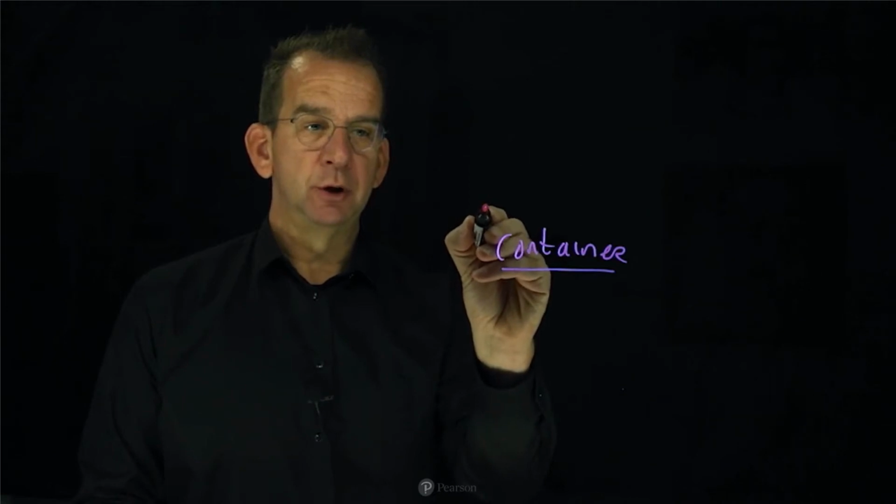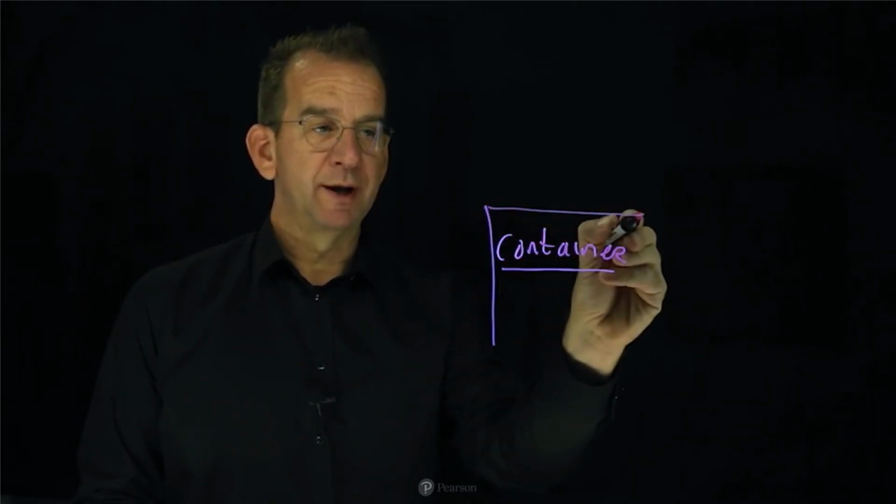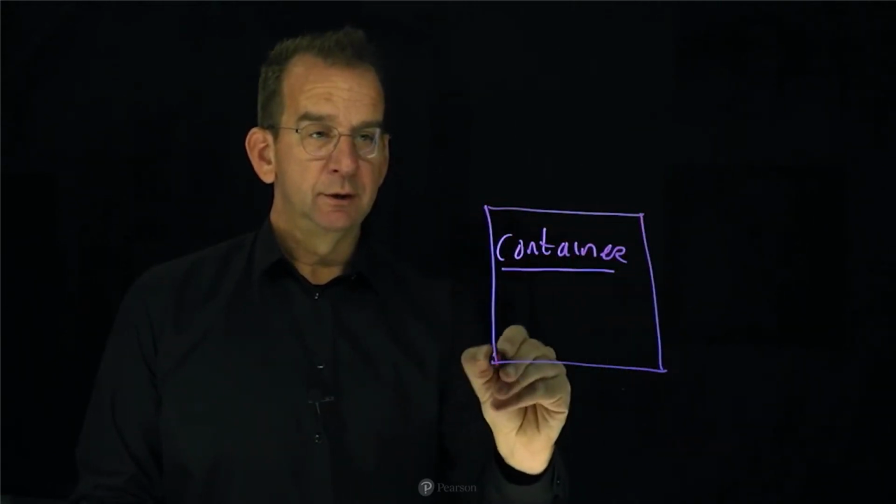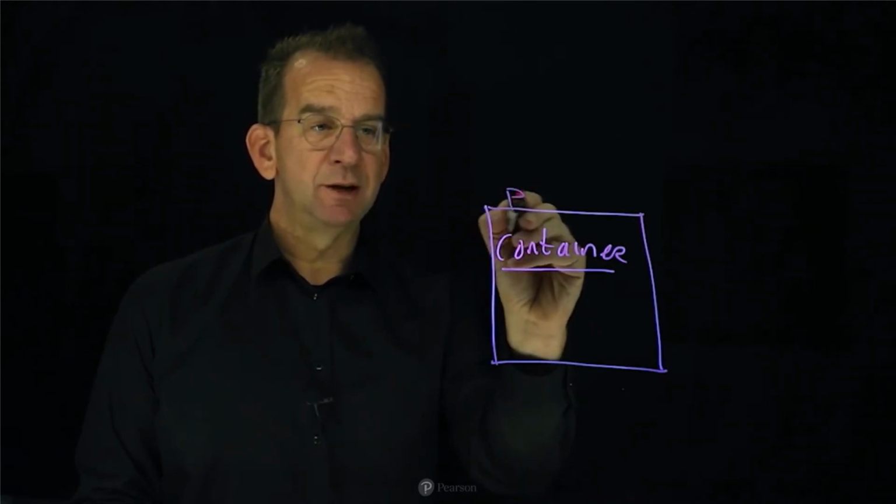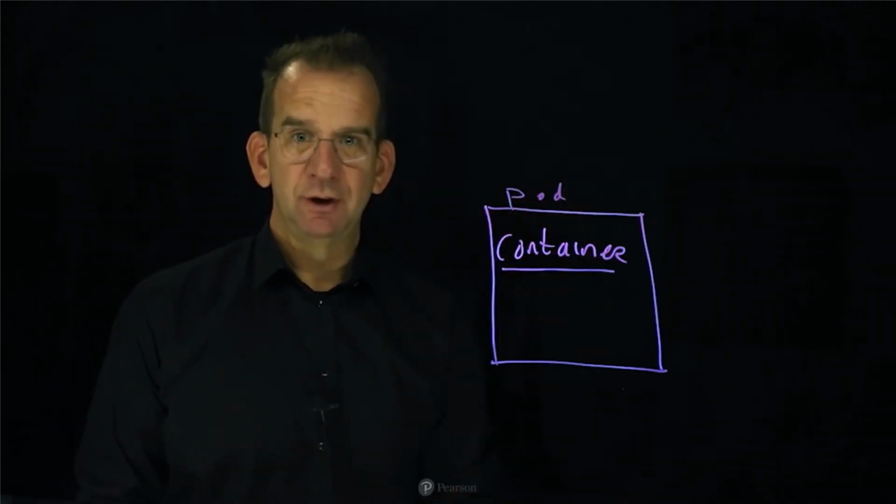So what is happening with the API resources if you run a container? Well, it all starts with the container, but the container itself is not managed by Kubernetes. So Kubernetes is going to put this container in a pod. And the pod is really the managed entity by Kubernetes.